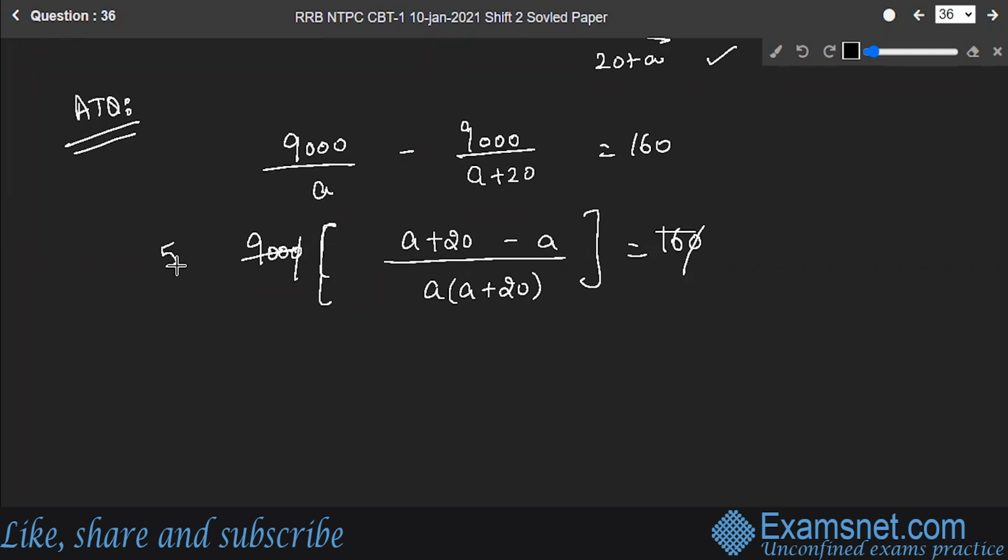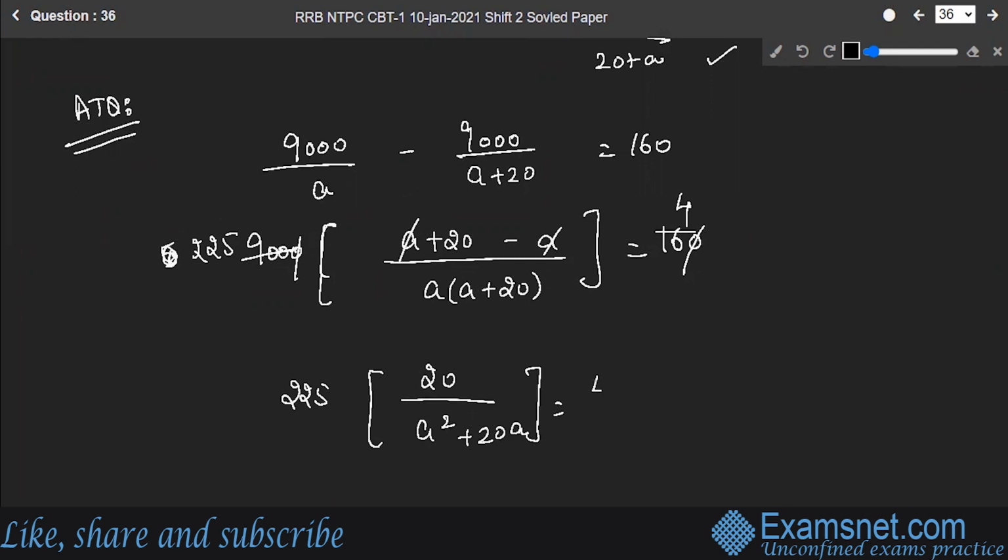Wait. This is not going to cancel. You can say this at 4 and this will cancel at 25 nines are 225. Okay. So now you have 225 is equal to, yeah, this will cancel and you will have 20 upon A square plus 20A is equal to 4.